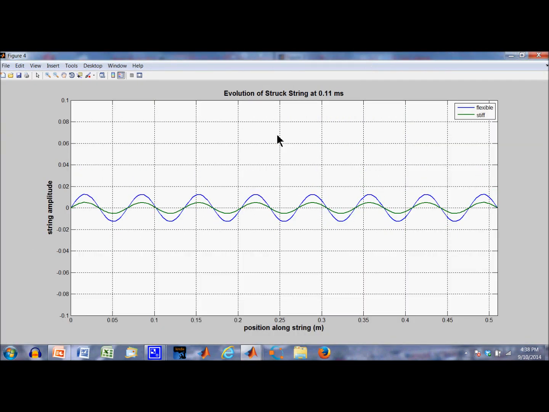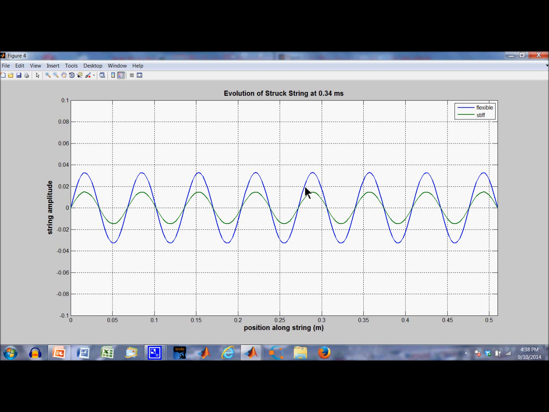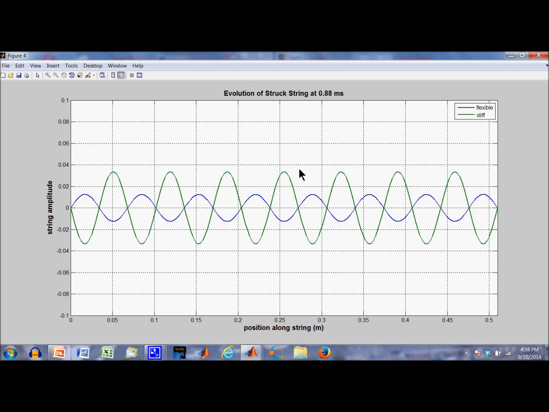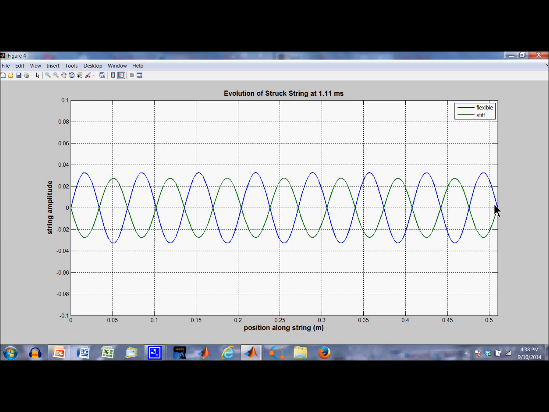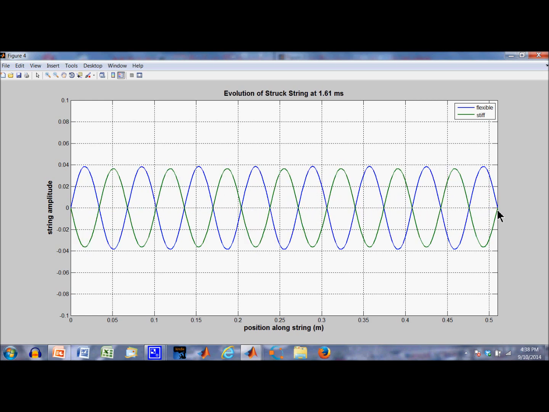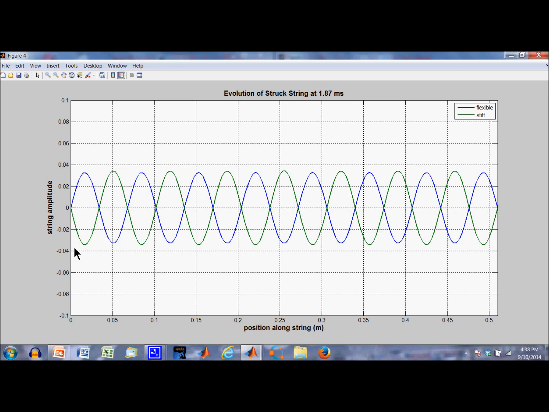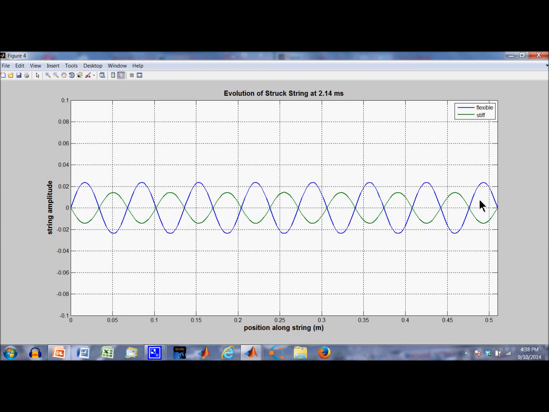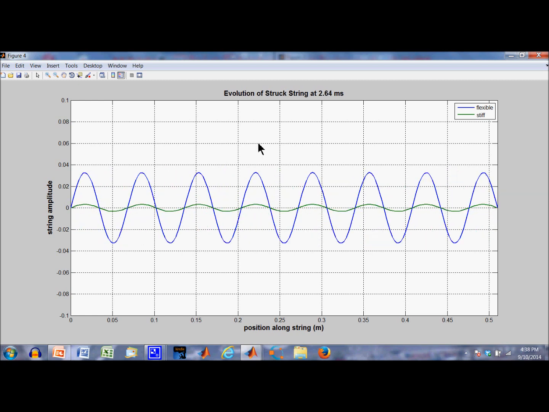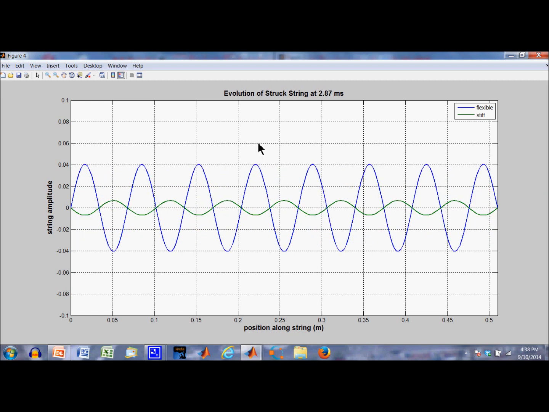You'll notice right away they start out together, but then right away they separate and you come out of phase significantly, because there's a lot more activity going on over here in terms of the force on the bridge and at this end, and it's going to cause an acceleration of the stiff string.